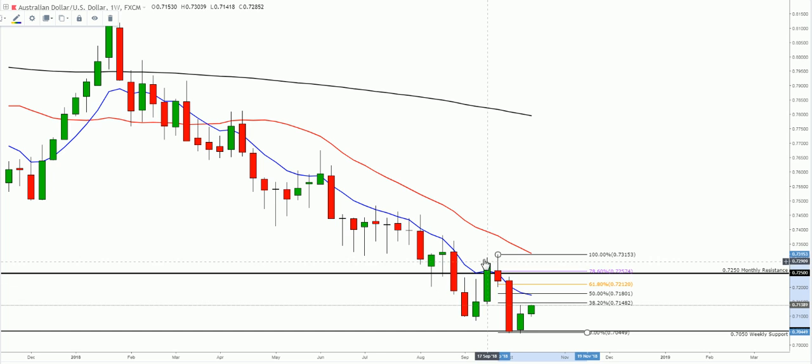So while we are in a downtrend, I do expect to see at least this 7180 level being met, with the potential to see that monthly resistance. I'm not overly confident that that will be met, but we'll just have to wait and see how price responds.